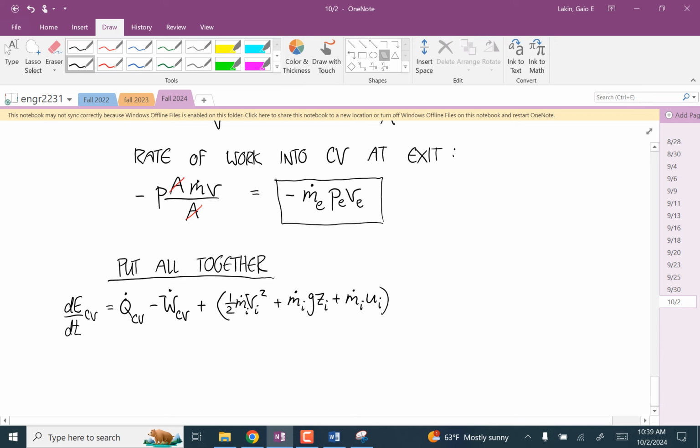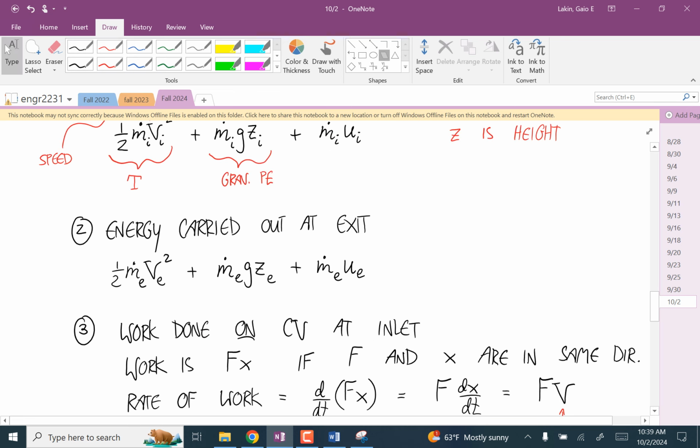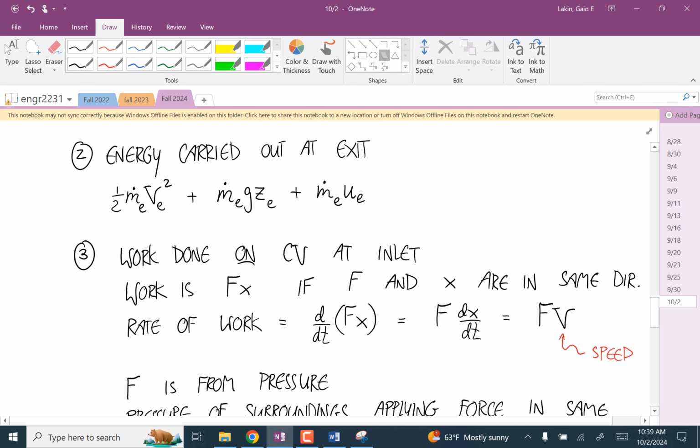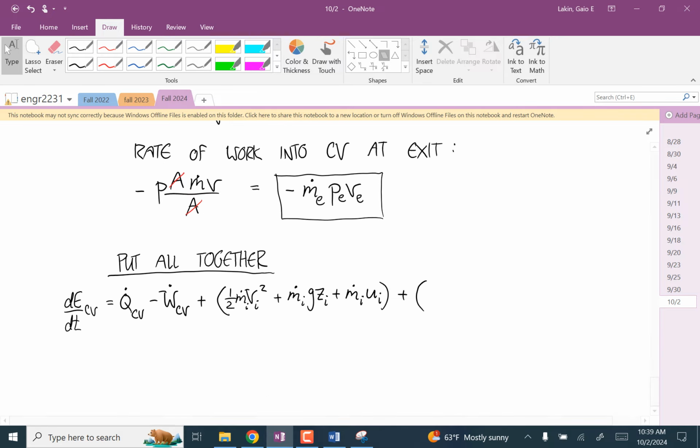And now I'll do the one for the exit. So plus, and this one, so now this is energy carried out. So I'm just going to subtract this right from the start.